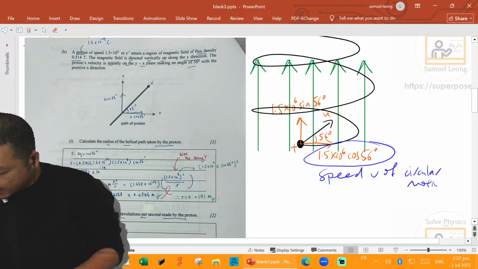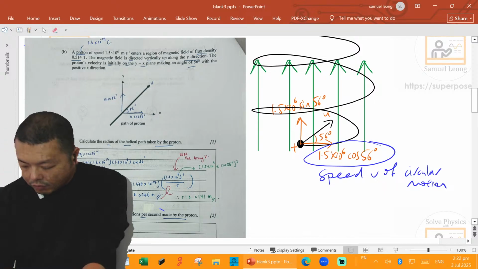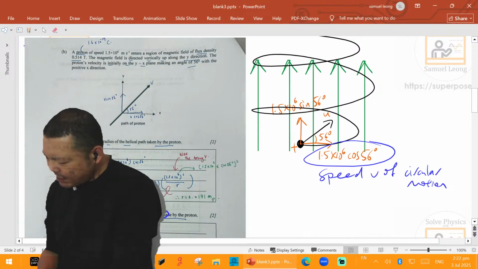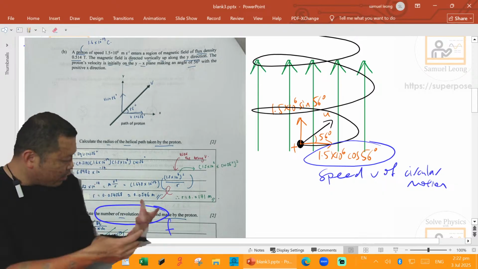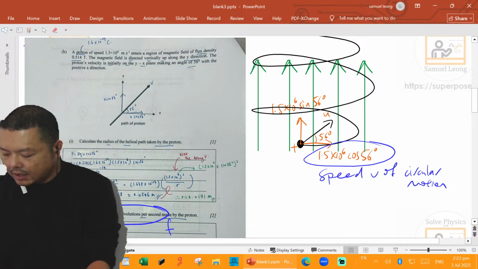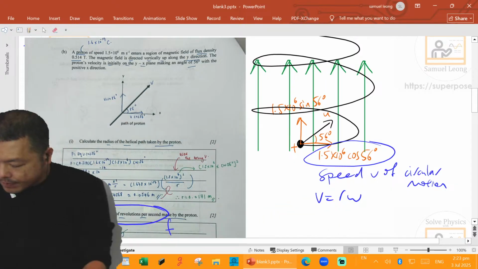Then you would have to understand that in order to find revolutions per second, that's frequency. You have to find frequency. So for circular motion frequency, what's the link? You've got your v equals r omega.